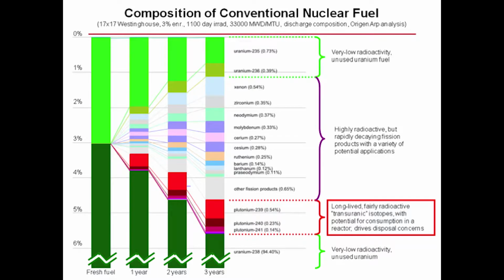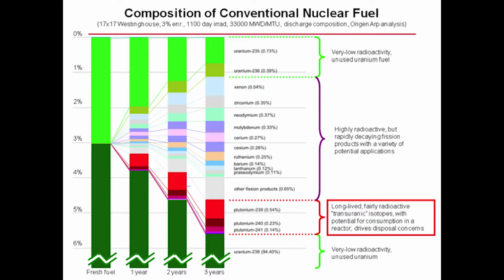We talked about the spent nuclear fuel and why it's a problem. So let's look at the composition of a regular spent nuclear fuel. This is a standard Westinghouse fuel after 3 cycles of irradiation. You start with the fresh fuel, which in this case is 3% uranium-235, and the rest, the 97%, is uranium-238.